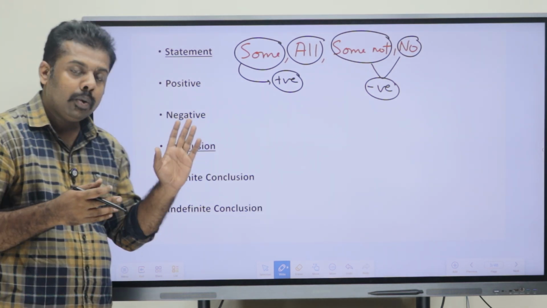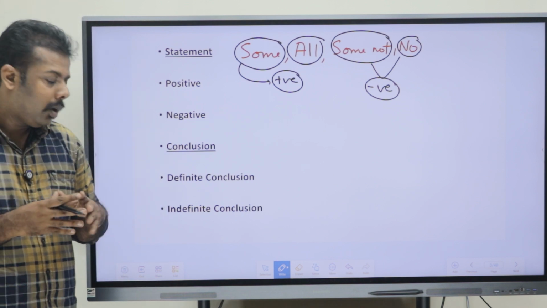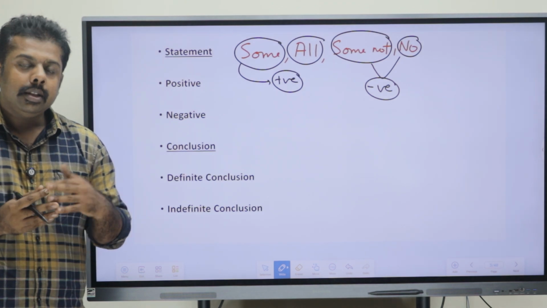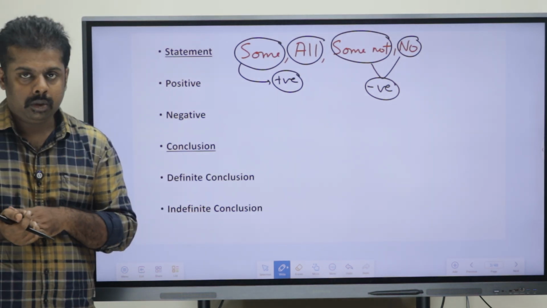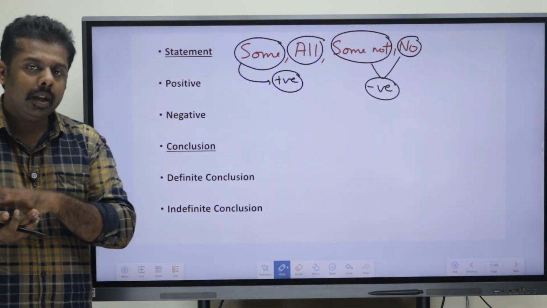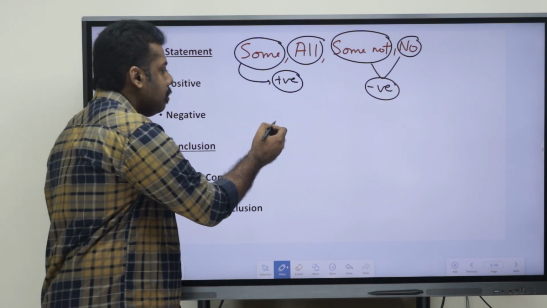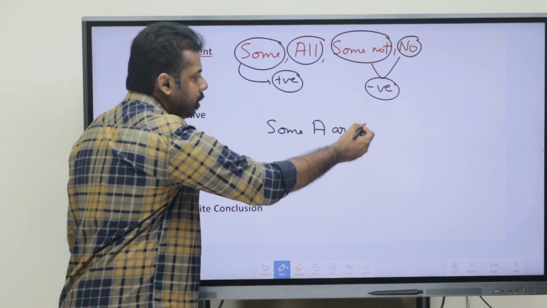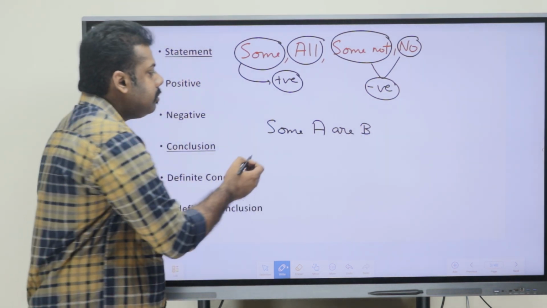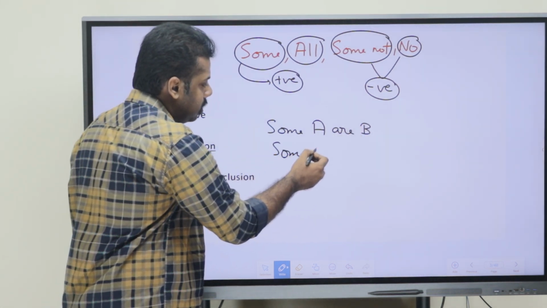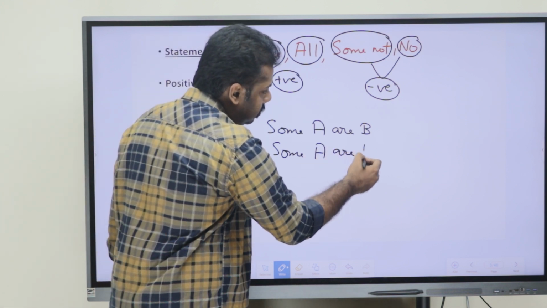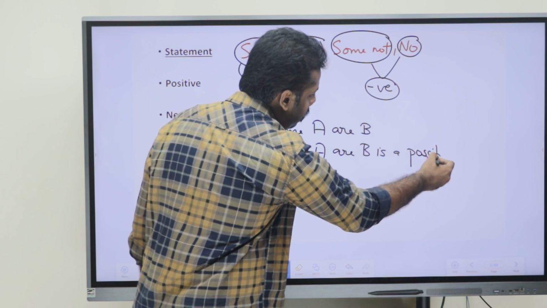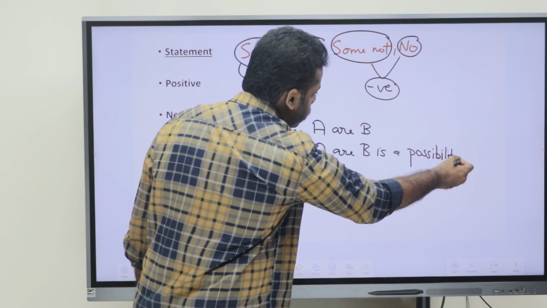Now when we go to the conclusion part, the conclusion part also has two types. The first one is called a definite conclusion, and the second type is called an indefinite conclusion. Okay, so for a definite conclusion, say I am taking an example, some A are B. Just taking an example, some A are B. And I am giving another statement as well, some A are B is a possibility.